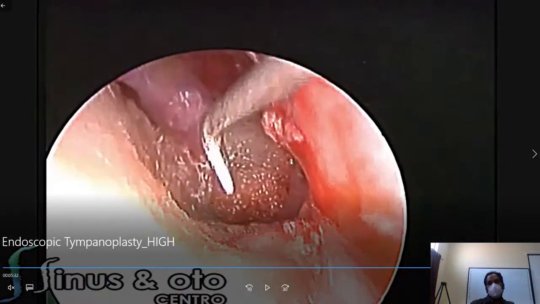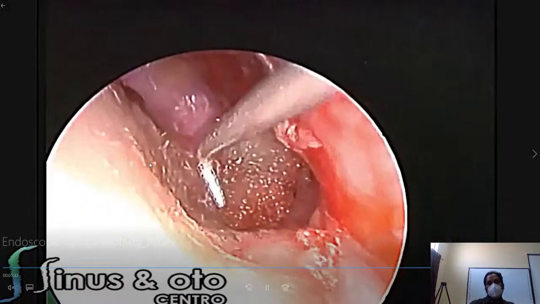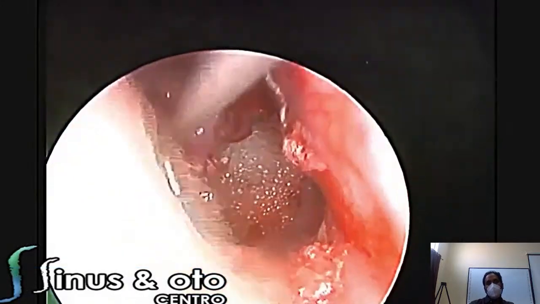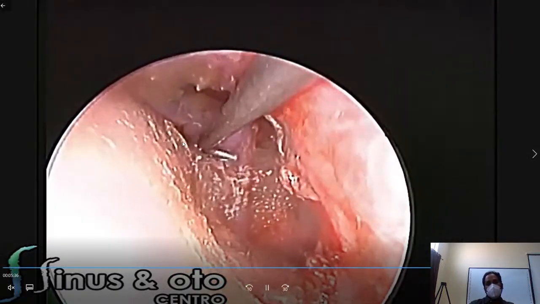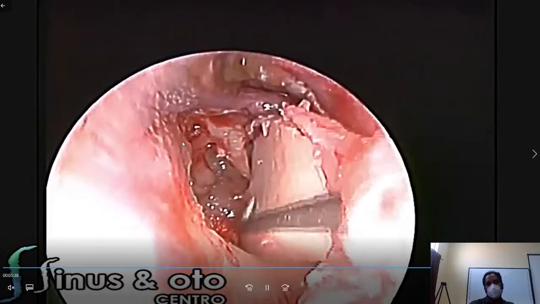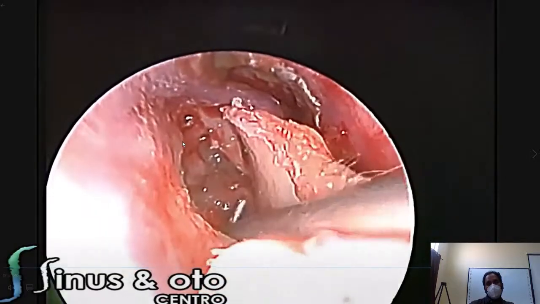And now this step is most important. The surgeon is trying to keep a graft. This is a temporalis fascia graft which should be placed just medial to the malleus. So this is an underlay technique.